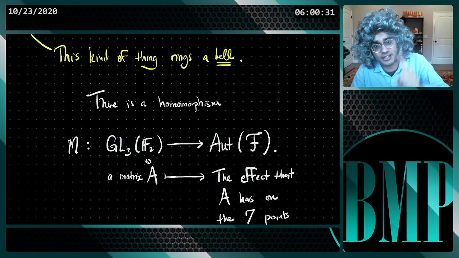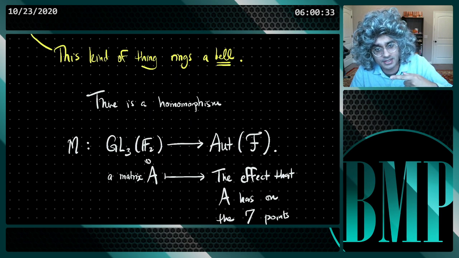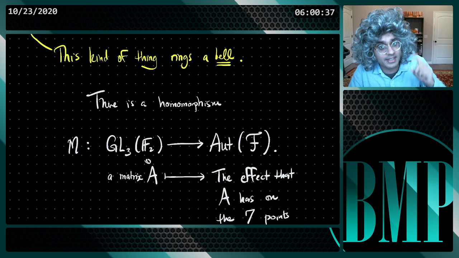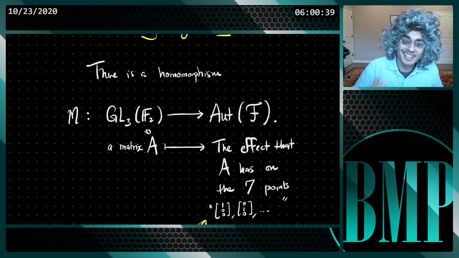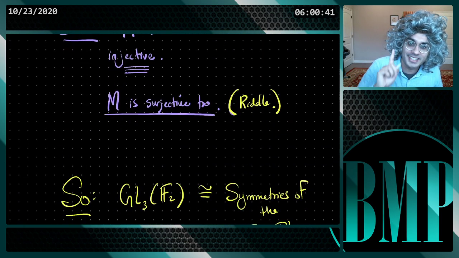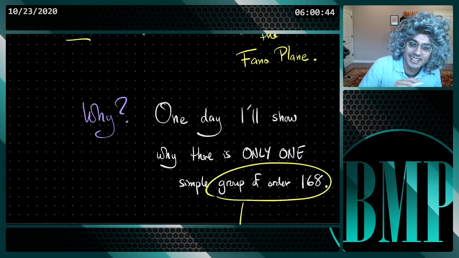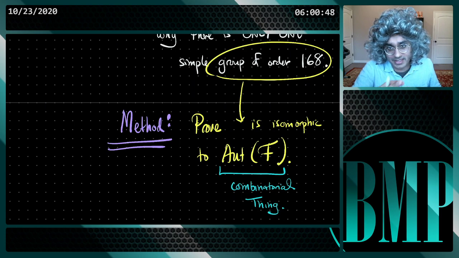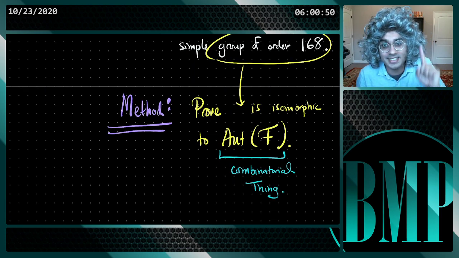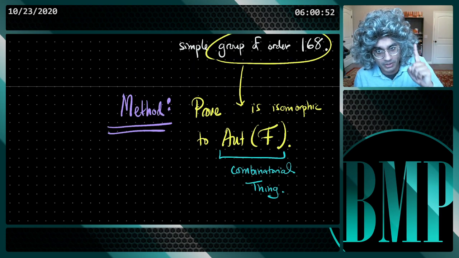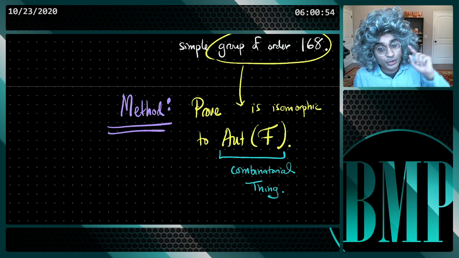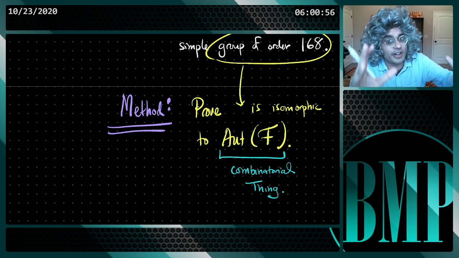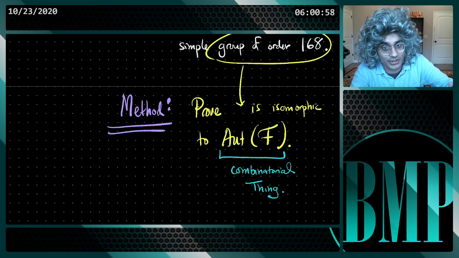And the group will act on that via conjugation, exactly like the automorphism group of the Fano plane acts on the Fano plane. It's beautiful, an absolutely stunning method, but this is how you prove that there's only one group of size 168. You get yourself to the Fano plane somehow or another.